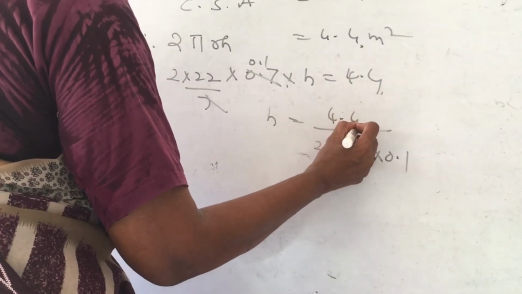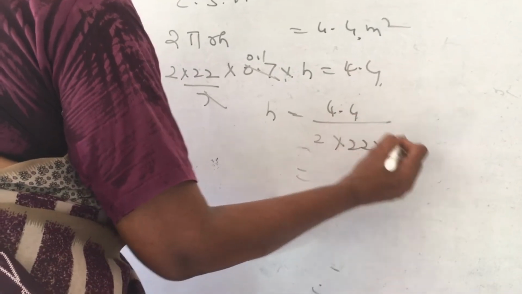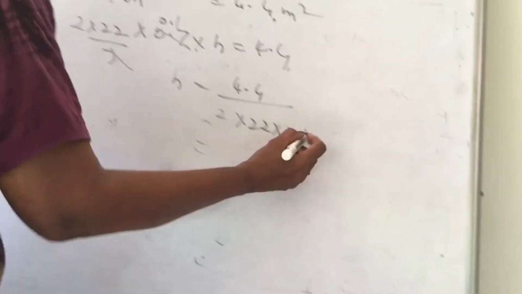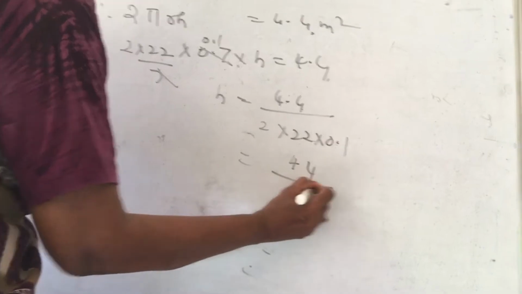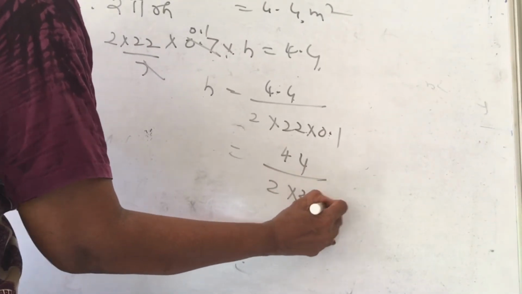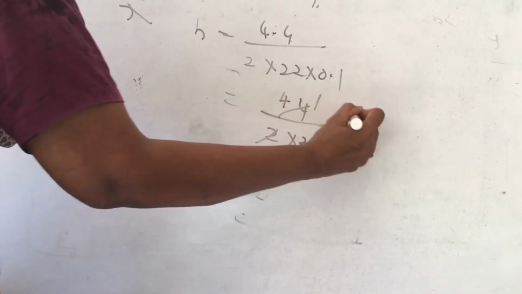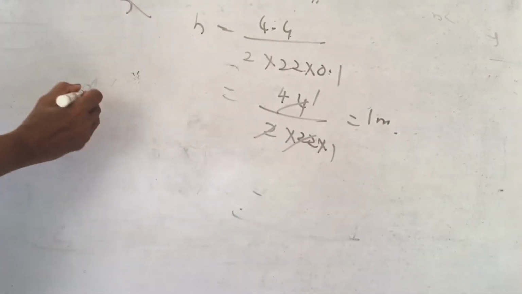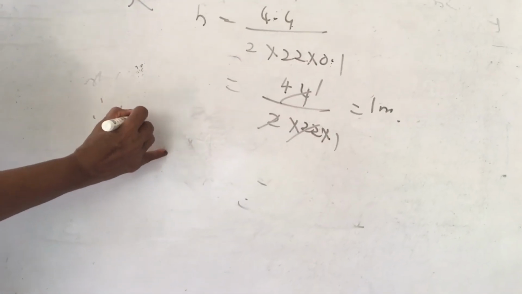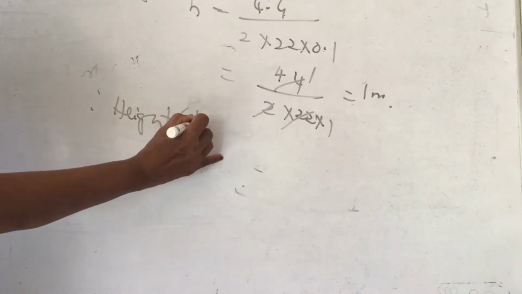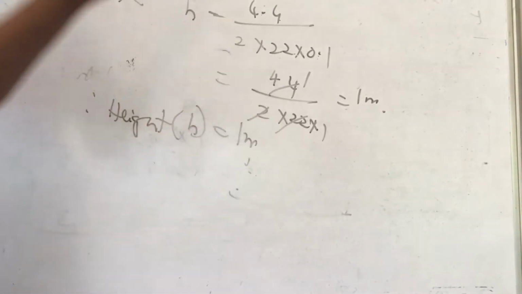Numerator 1 digit after the point, denominator also 1 digit after the point, children. So you can remove the point and cancel, that is equal to 1 meter. Therefore, height h is equal to 1 meter.